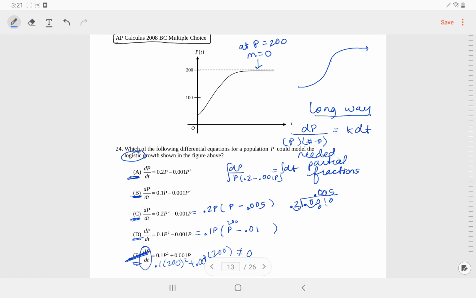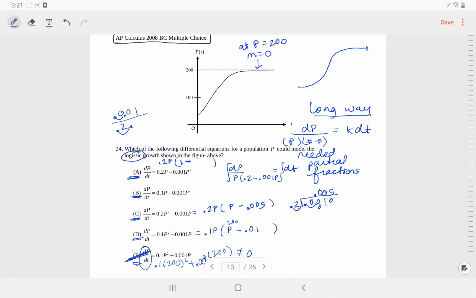Okay, so I kind of like A. What I like about A is it has a 2 in it. Let's take out a 0.2 P and see what we have here. So this is 1 minus, and then let me divide 0.001 by 0.2 a different way.